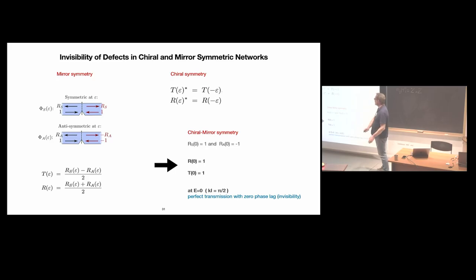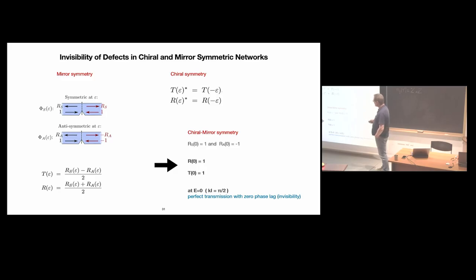And then the chiral symmetry gives a nice property on the reflection and transmission coefficients: at 0 energy, this chiral symmetry imposes that T is purely real and R is purely real as well.